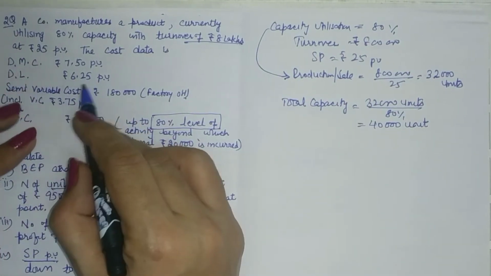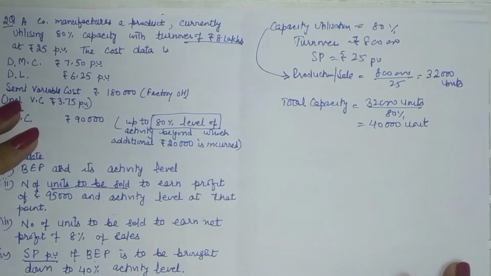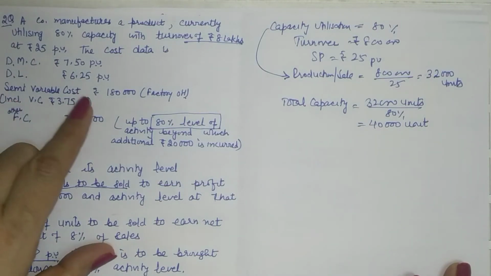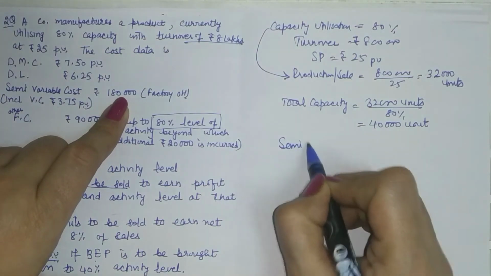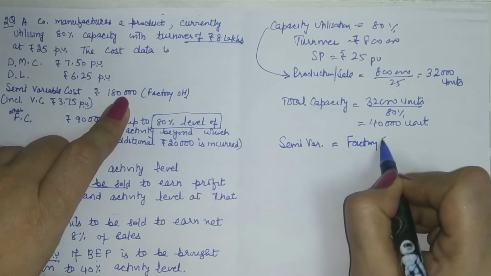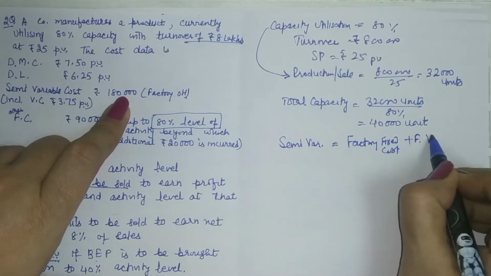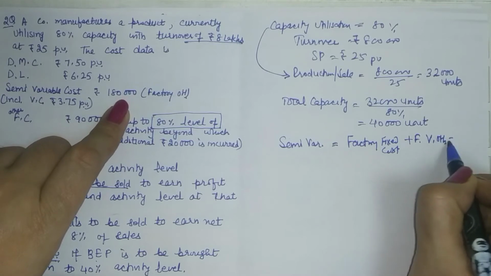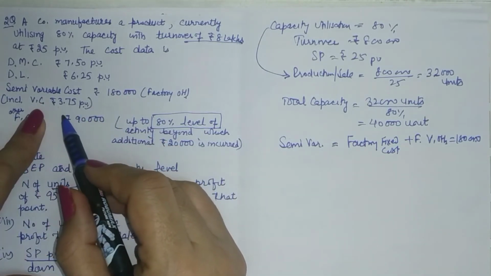Material cost, labor cost, semi-variable cost. Now semi-variable cost implies that it has a component of fixed cost in this. So our semi-variable cost is 1,80,000, that is factory fixed cost plus factory variable overheads is equal to 1,80,000, wherein the variable component is 3.75 per unit.